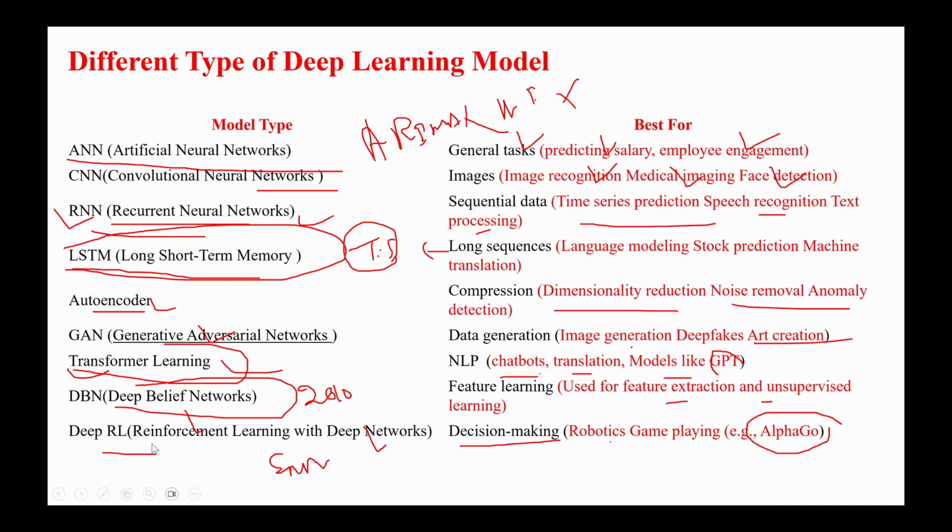This is the deep belief network and reinforcement learning. ChatGPT uses a feature extraction learning to automatically extract. Again, they also use generative adversarial neural networks, and they also use transformer learning. They don't have only one model to use; they use a combination of all the models. That's why it's called ensemble techniques. Not only one model, they use all the different models. The data mining models they also use.